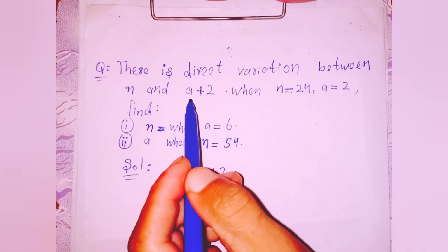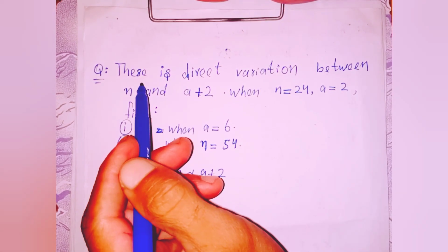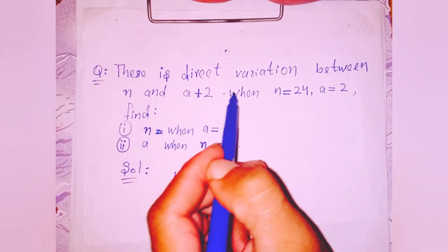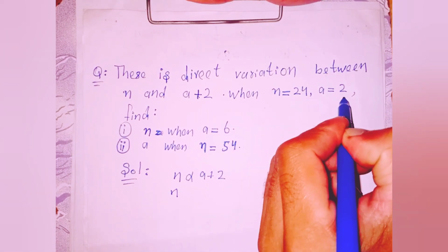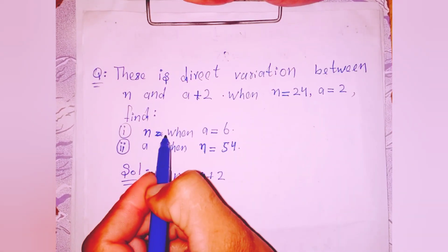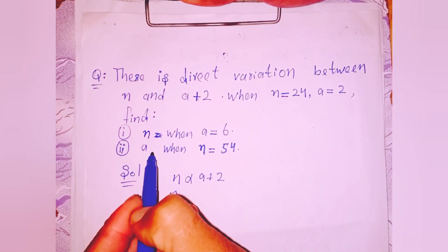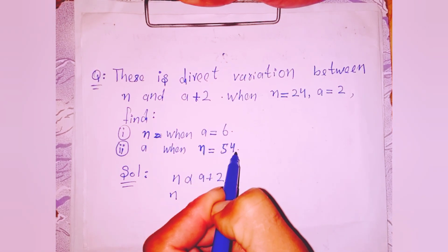Now we have one more question about direct variation. There is direct variation between n and a plus 2 when n is 24 and a is 2. Find the value of n when a is 6, and we also have to find the value of a when n is 54.